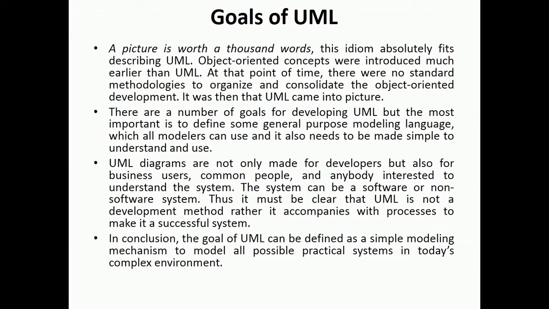Functional model, represented in UML with use case diagrams, describes the functionality of the system from the user's point of view. What about the object model? Object model, represented in UML with class diagrams, describes the structure of the system in terms of objects, in terms of attributes, associations, and operations.